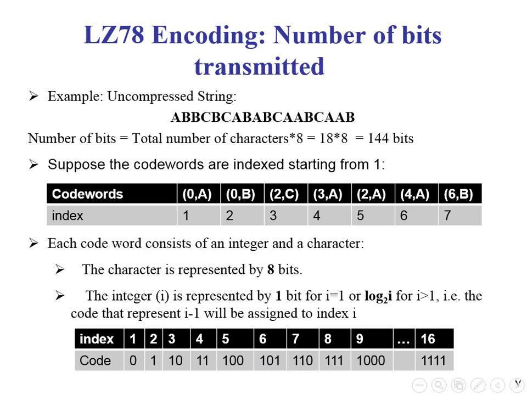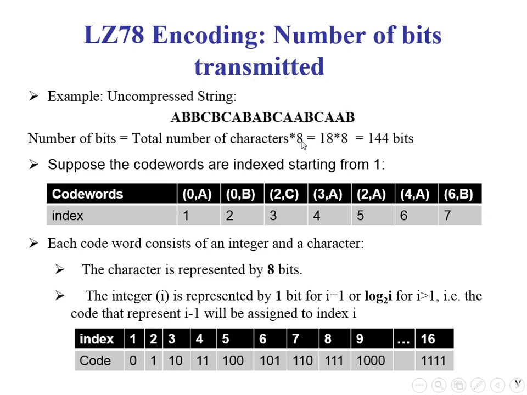Let's see the number of bits transmitted to check how much compression we have. We checked the first example, which was a stream of characters including A, B, C, and so on. The number of bits that represent this stream of characters would be the number of characters multiplied by 8.